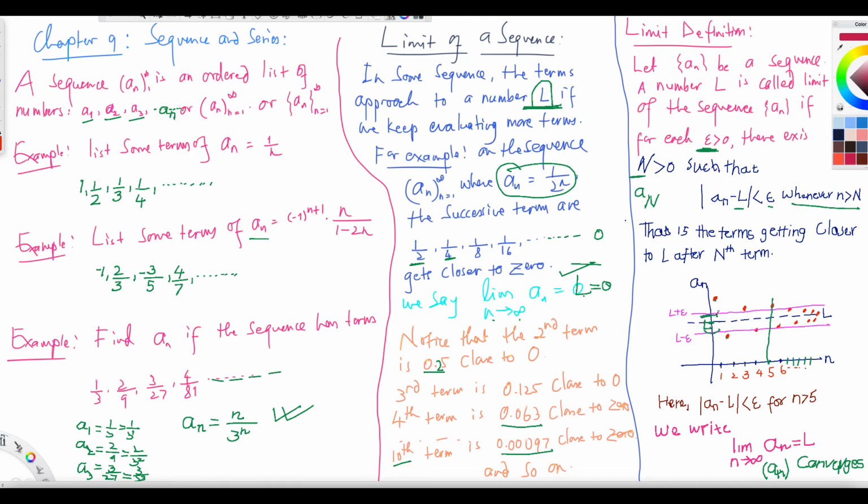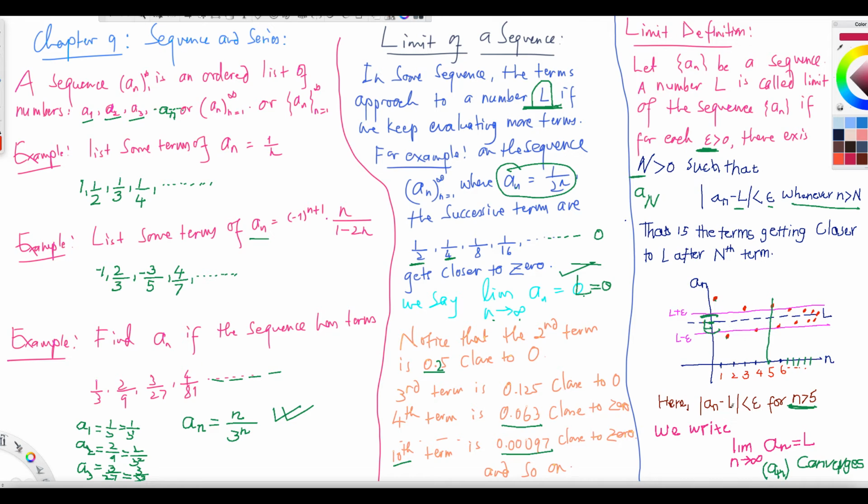So within the epsilon stripe from L, that means after n greater than 5, all the terms of a_n are within the epsilon distance from L, or within the epsilon stripe from the number L.